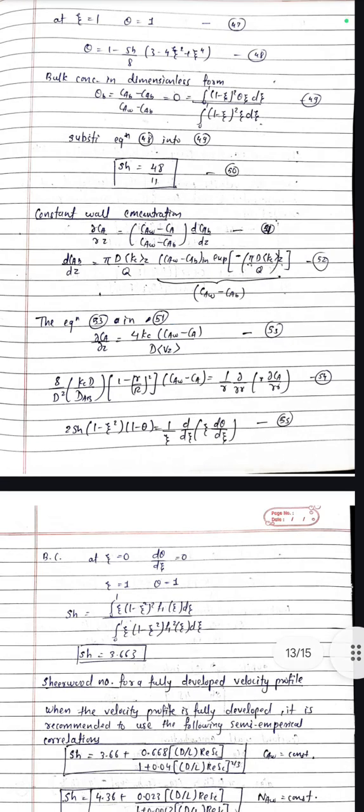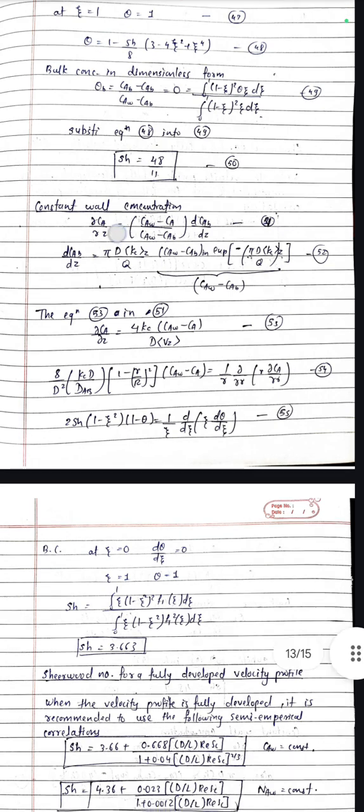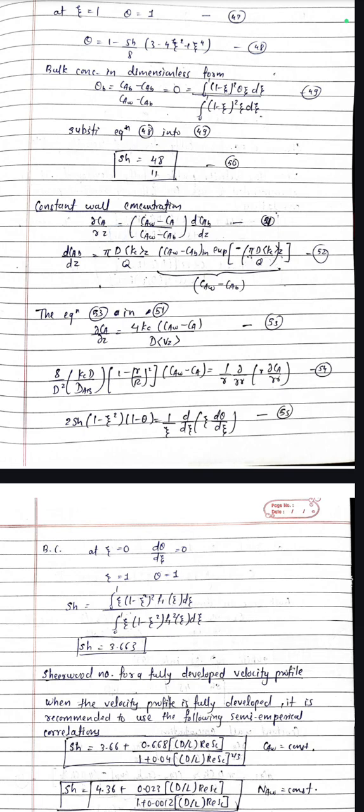For constant wall concentration, we have the equation del CA by del Z is equal to (CAW minus CA) by (CAW minus CAB) into dCAB by dZ.